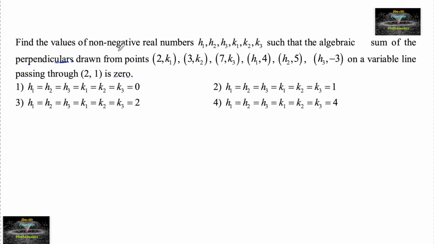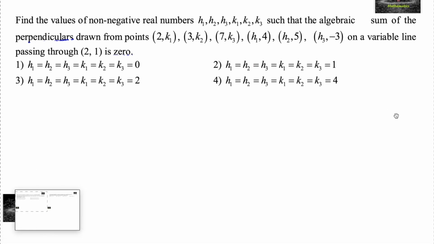Find the values of non-negative real numbers h1, h2, h3, k1, k2, k3 such that the algebraic sum of the perpendiculars drawn from the points (2, k1), (3, k2), (7, k3), (h1, 4), (h2, 5), (h3, -3) on a variable line passing through the point (2, 1) is 0.